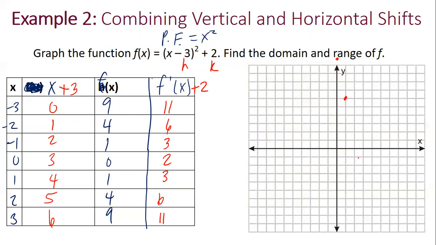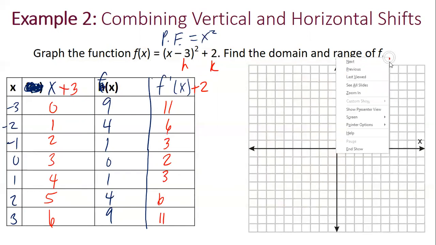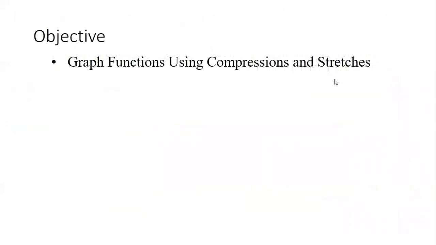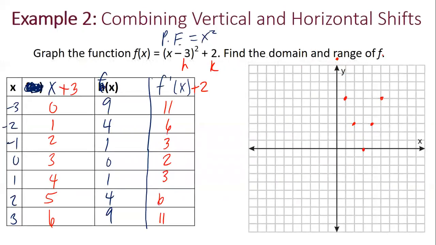I'm going to go to 2 and go to 3. 1, 2, 3. I'm going to go, where am I at? 3 and go to 0. I'm going to go to 4 and go to 3, 5 and go to 6, and 6 go to 11. And here's up. Well, I thought that's where it was.